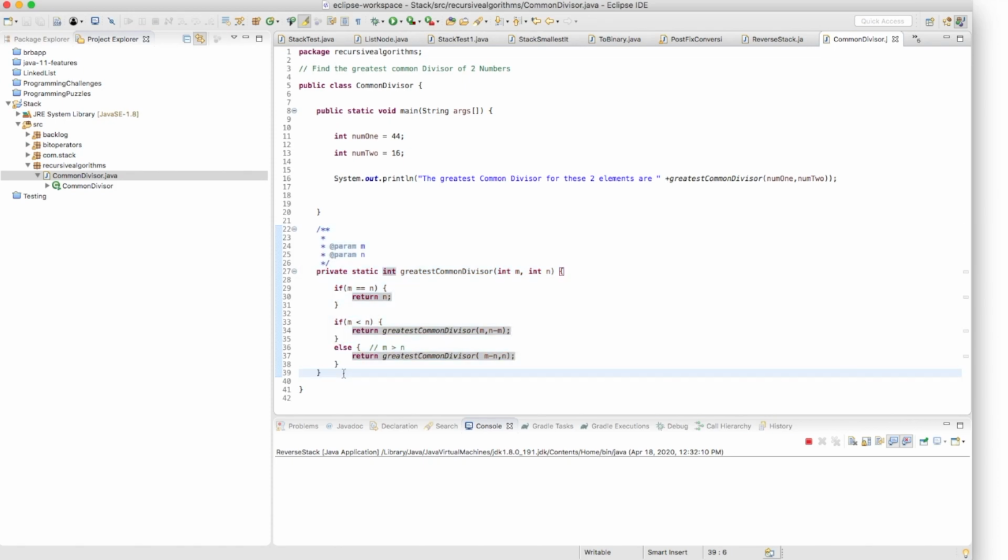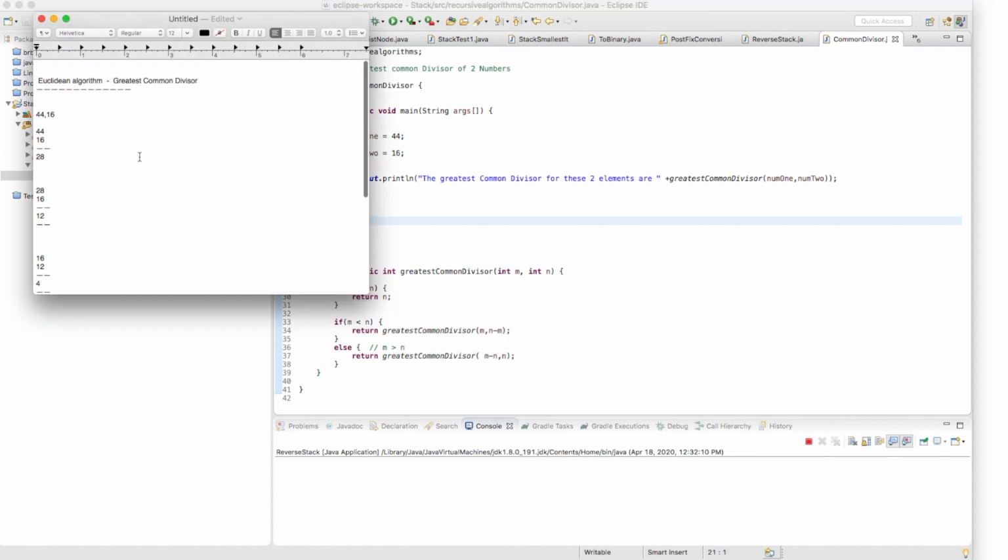To implement this algorithm, just go through two numbers and understand the Euclidean algorithm. It's already been solved by a great mathematician. All you have to do is take two numbers and check which one is greater. If it is greater, subtract it. Keep subtracting. In this case, when you subtracted, you got 12.